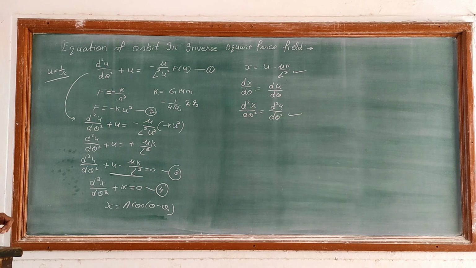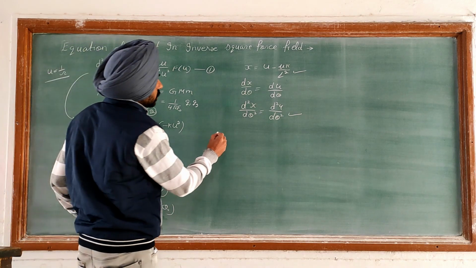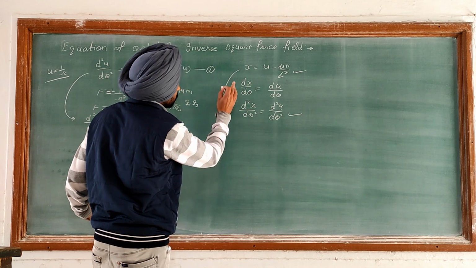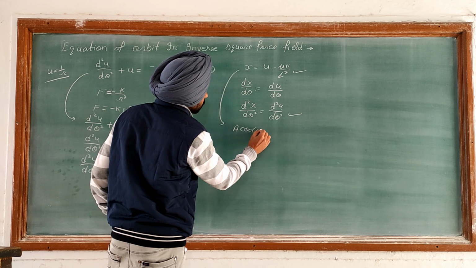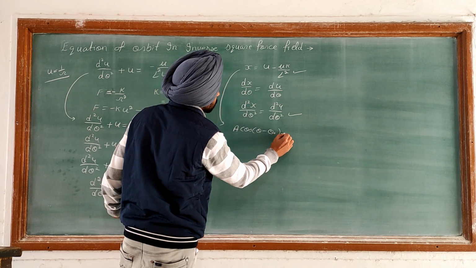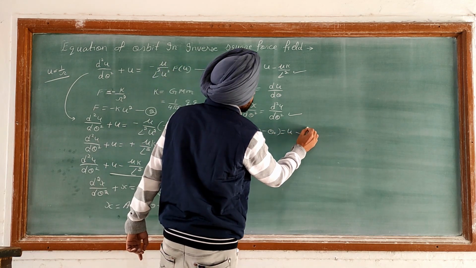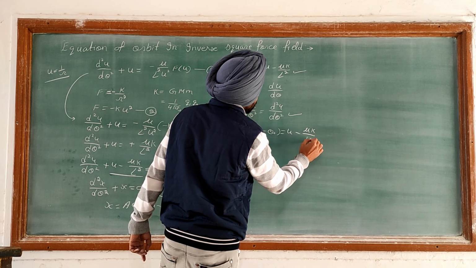Now we know the value of x, so we will substitute it: a cos of theta minus theta naught is equal to u minus mu k upon L square.